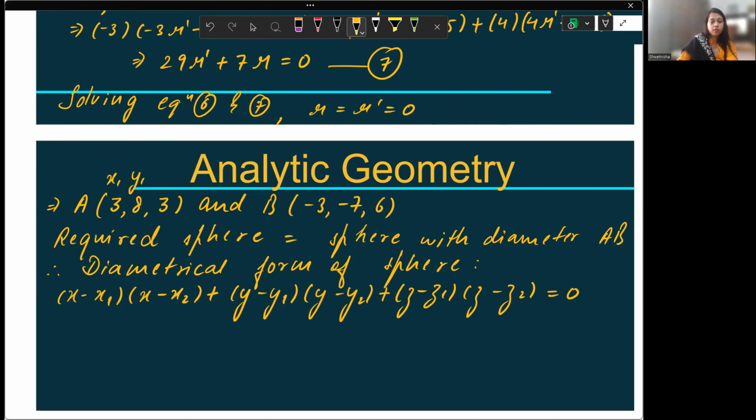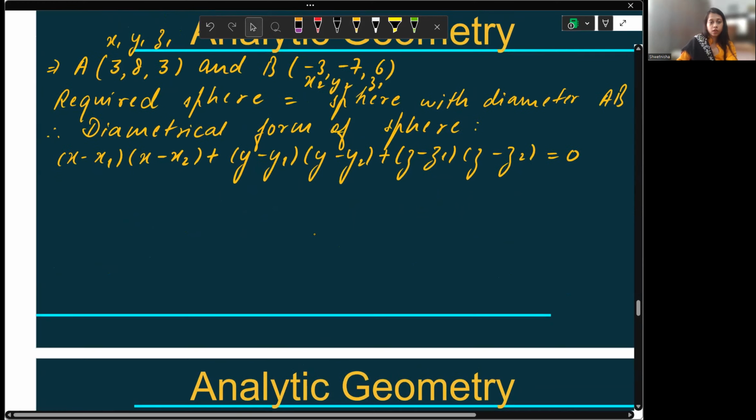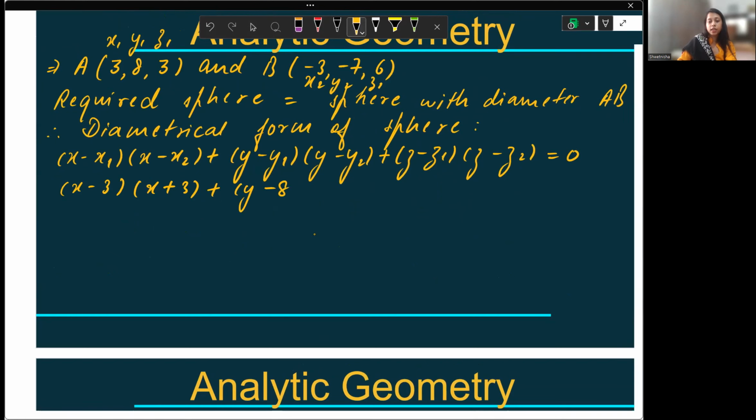Substitute these values. These are your x1, y1, z1, x2, y2, z2. So you will get (x minus 3)(x plus 3) plus (y minus 8)(y plus 7) plus (z minus 3)(z minus 6) is equal to 0.